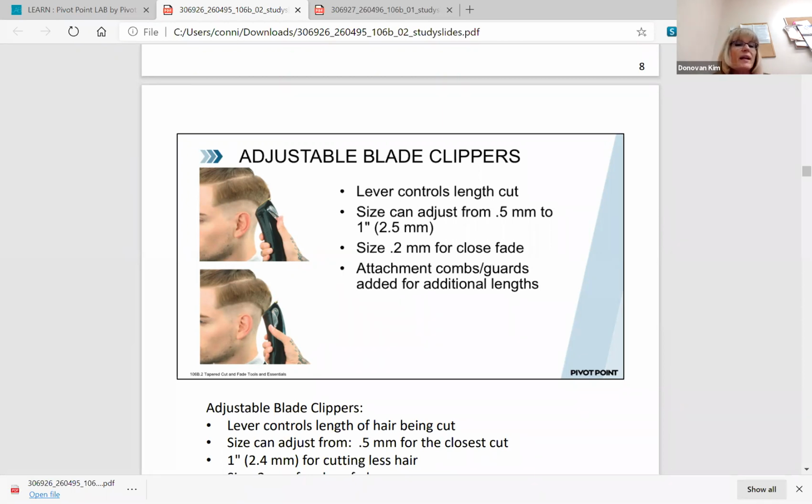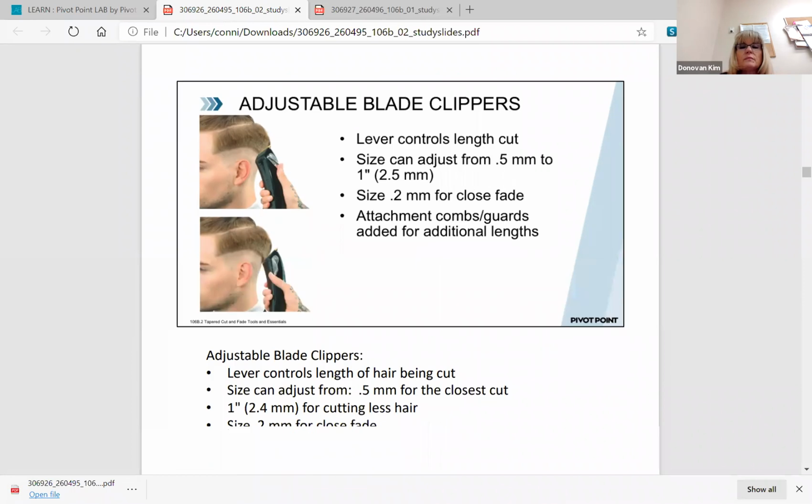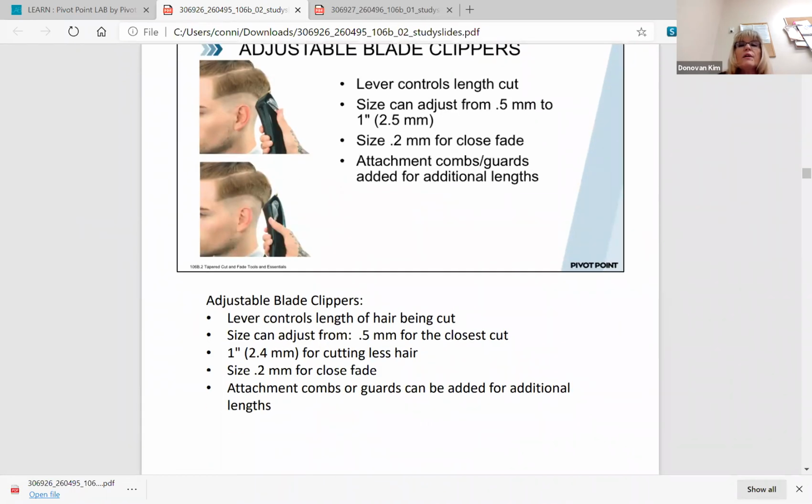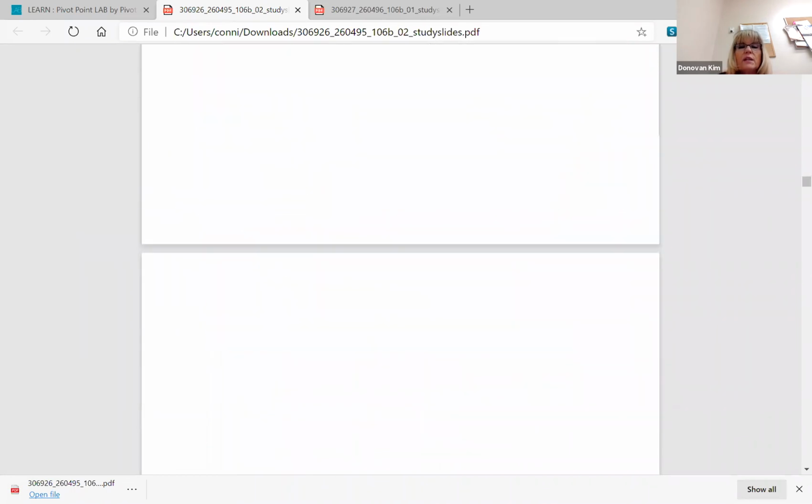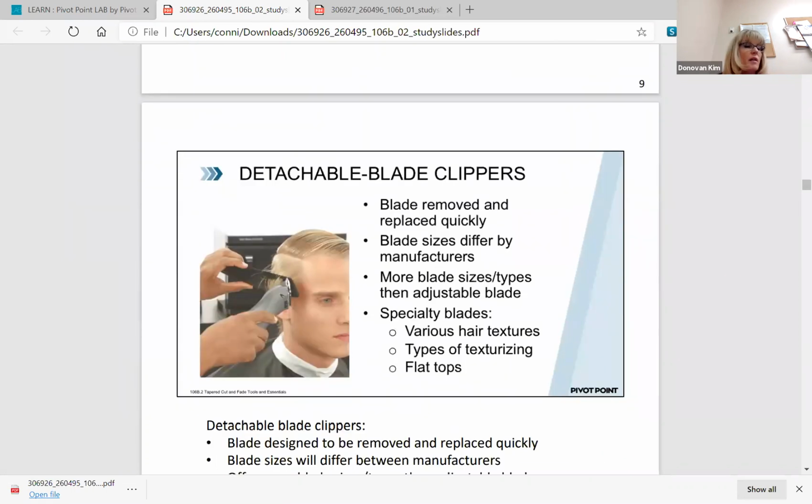The detachable blade clippers now, what they're going to have is the actual blade that can be removed. It's all metal. So I personally think that they cut a little bit better than with the plastic guards over the top of them, because there's no little plastic lip where you've placed the guard on to hold it to where you have to keep going over it and over it again.